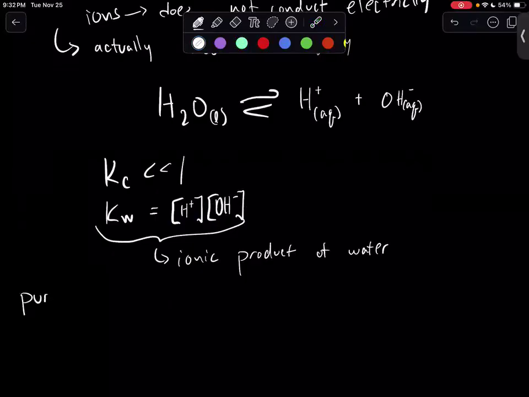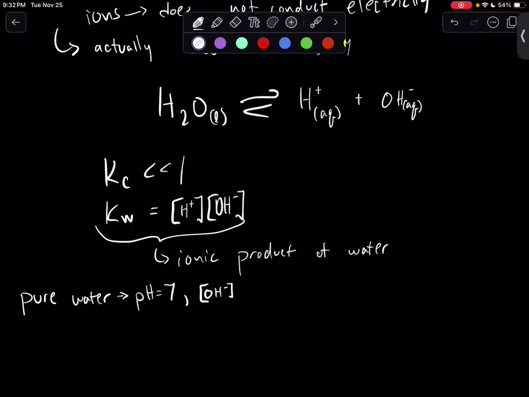We mentioned earlier that pure water has a pH equal to 7. And we also said our concentration of H plus and OH minus are the same. Well, it turns out our concentration of OH minus and our concentration of H plus, which once again are the same, is 1.00 times 10 to the minus 7th mole decimeter cube inverse.